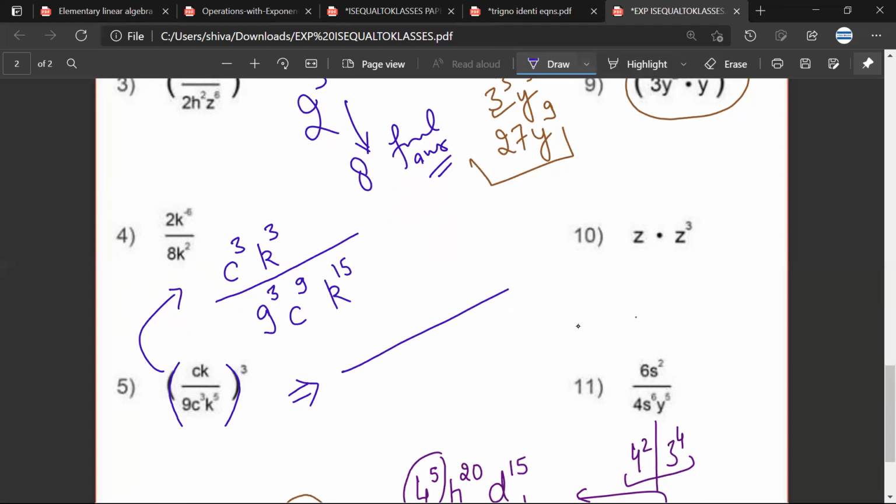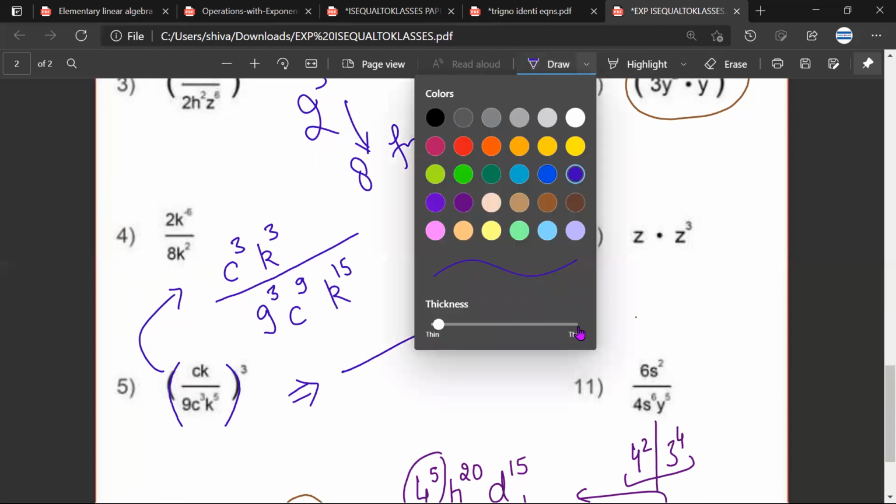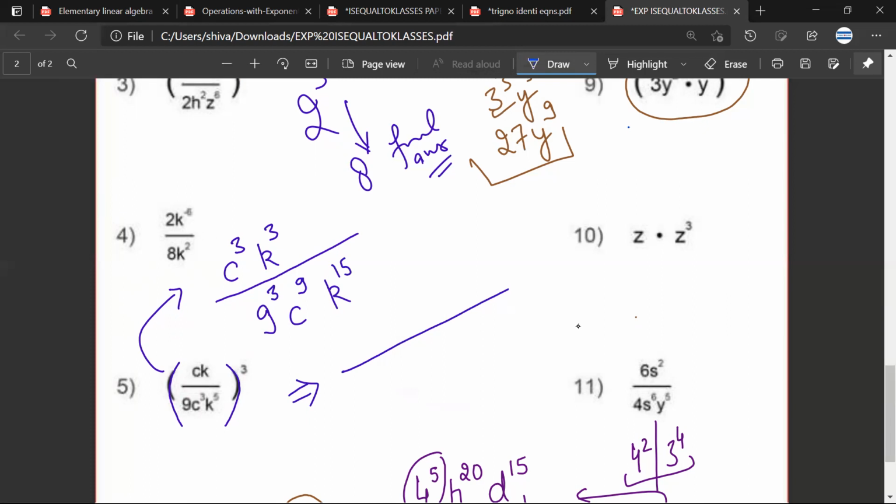So the answer will be minus 9. Sarthak, any doubt? No, sir.